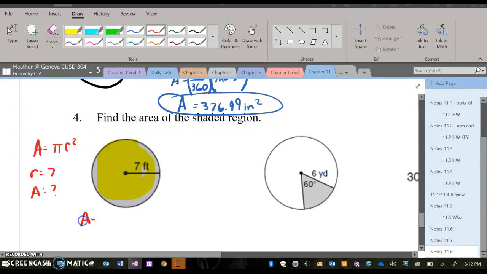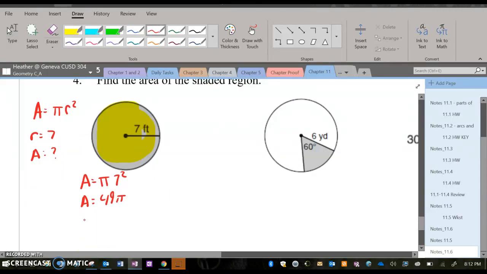So we'll have A equals pi times 7 squared. So that here is A equals 49 times pi. And the approximate solution will be A is approximately, when we multiply, 147.65 feet squared.